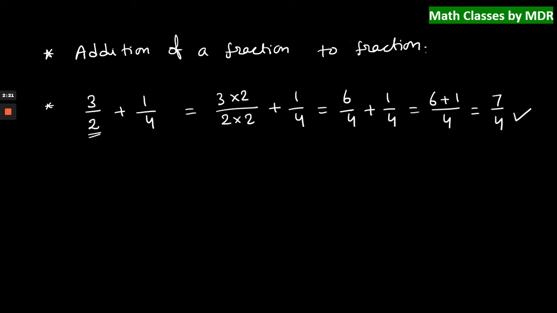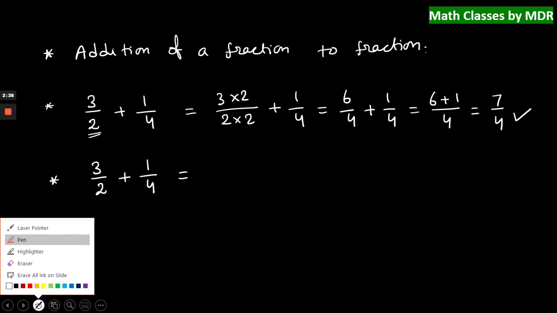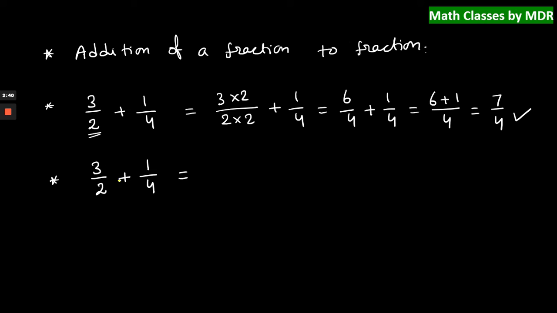Wasn't it easy? Yes. Now let me show you the second method. Here in this method, you can simply cross multiply the numbers. That means you can multiply 3 by 4 and 2 by 1 and 2 into 4 in the denominator.